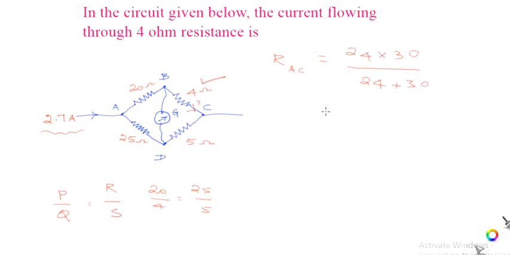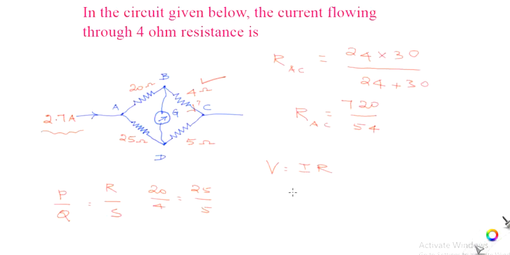Now if you simplify, what will you get? You will get 720 in the numerator, denominator 54. This is the resistance between A terminal and C terminal. Now we have to find out the voltage between A and C. Voltage equals current into resistance.